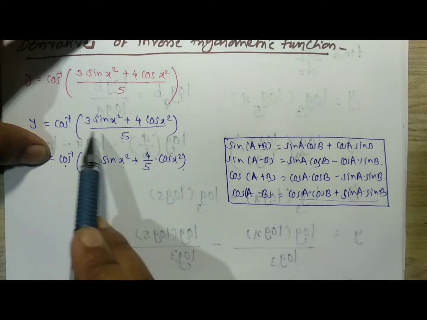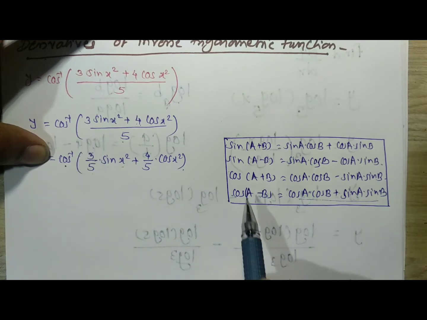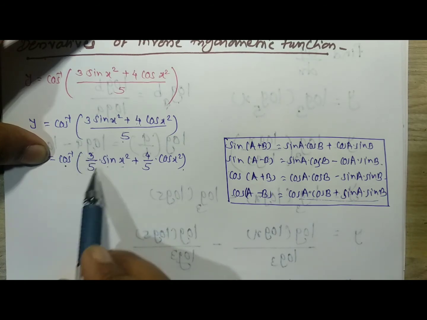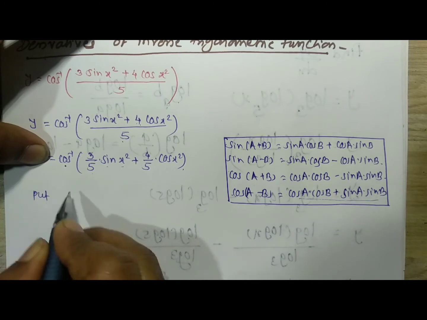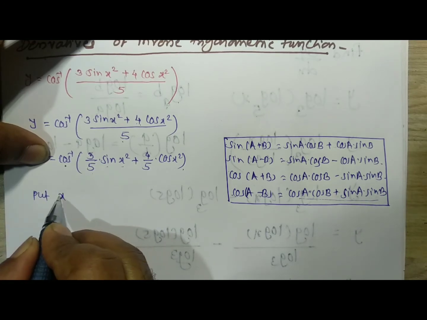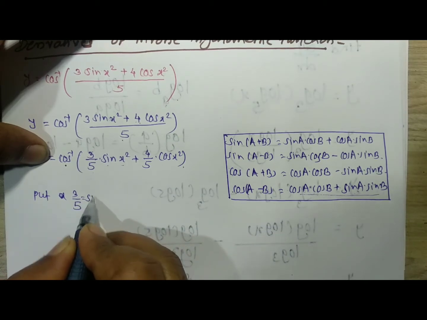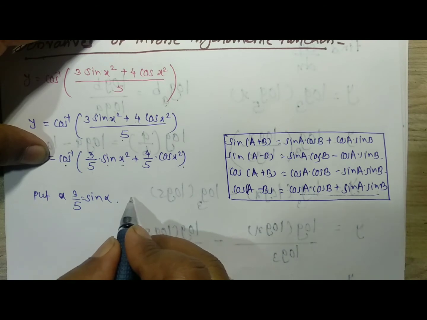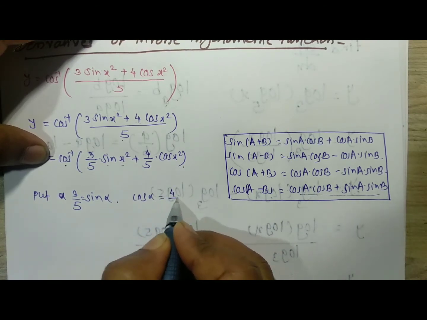What are the considerations related to that? First of all, we go with 3 divided by 5. Here is a sine term, that means this term also becomes a sine, and therefore we put 3 divided by 5 is equal to sine alpha. If 3 divided by 5 is equal to sine alpha, then cos alpha becomes 4 divided by 5.